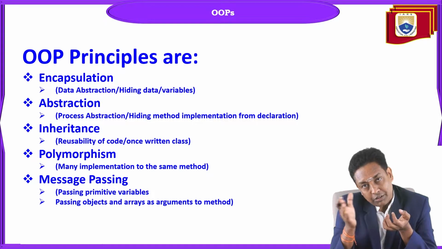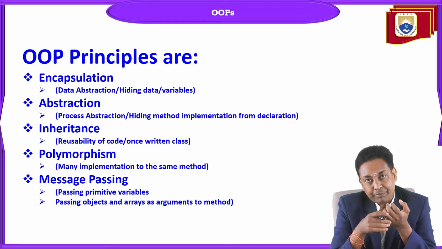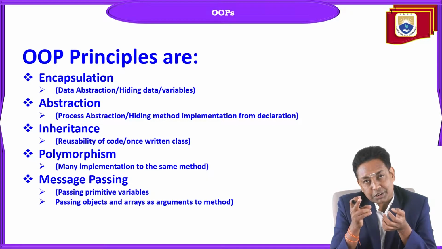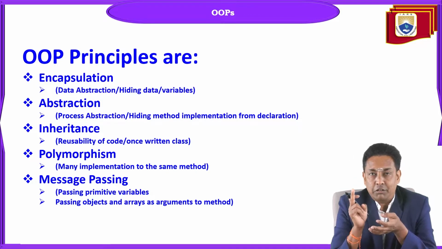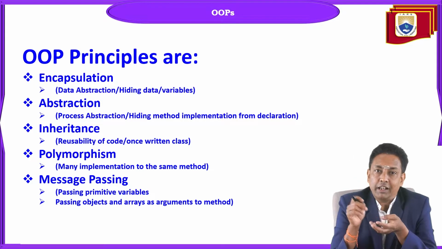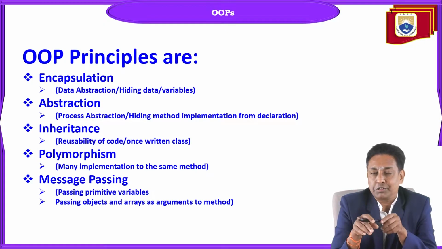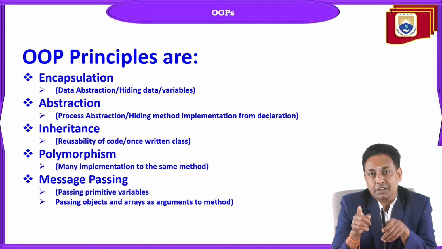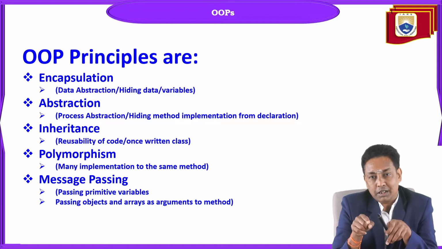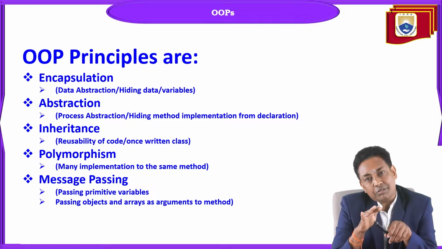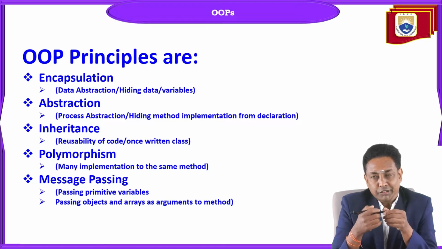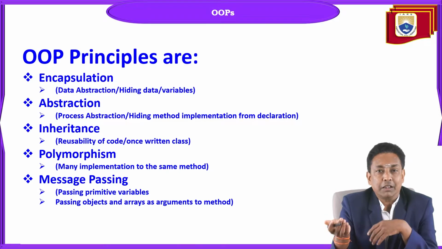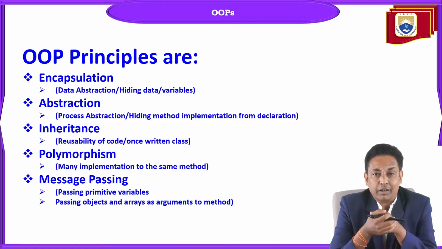All three are individual topics, and in abstraction, we combine abstraction, inheritance, and polymorphism together. To implement abstraction, we need inheritance and polymorphism also. So while teaching abstraction, we'll combine inheritance and polymorphism as well, and also we'll have a separate explanation on inheritance and polymorphism. In inheritance, all the types of inheritances and types of classes will come. In polymorphism, method overloading and overriding will come.